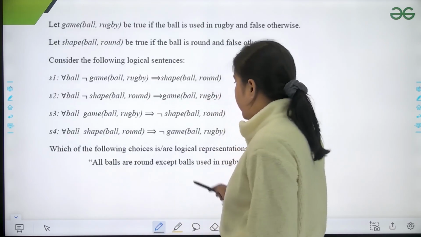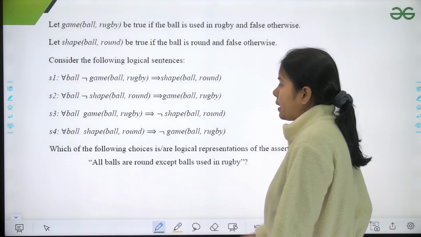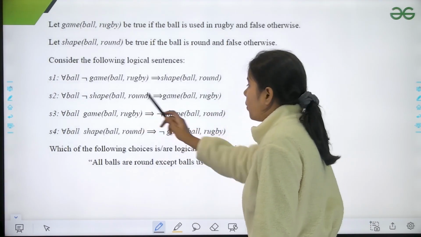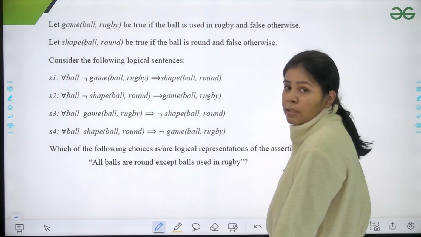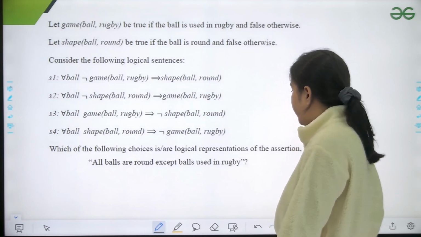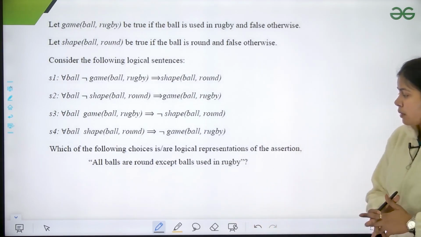S1 and S2: if the ball is not used in rugby, then the ball is round. If the ball is not round, then the ball is used in rugby. All balls are round except balls used in rugby, right?